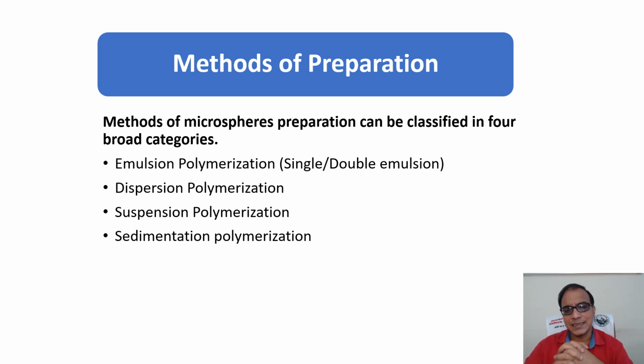Now let's discuss the method of preparation. What are the methods of preparation? There are four major preparation methods you can classify. However, in each class you can have multiple techniques. Emulsion polymerization, which may be single or double emulsion polymerization, dispersion polymerization, suspension polymerization, and sedimentation polymerization.